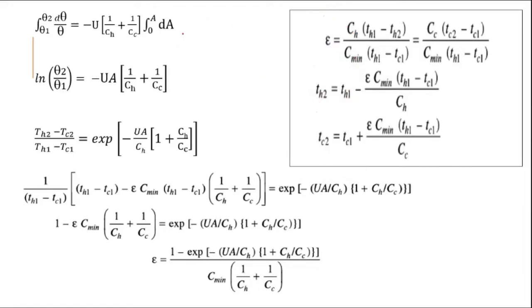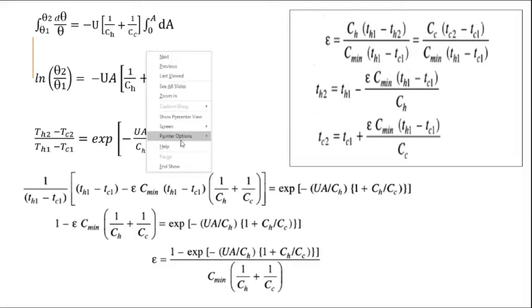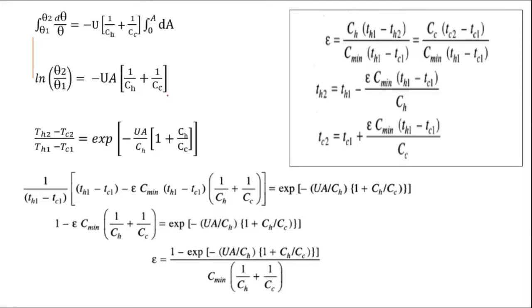So since we are designing the heat exchanger for the first time, only the inlet temperatures will be known and the outlet temperatures will not be known. Since the outlet temperatures are not known, we are going to substitute the values of those outlet temperatures. Our aim is to remove this TH2 and TC2 from the expression. In order to remove TH2 and TC2, we will be using the relations for effectiveness.